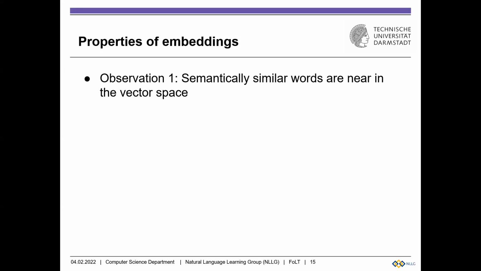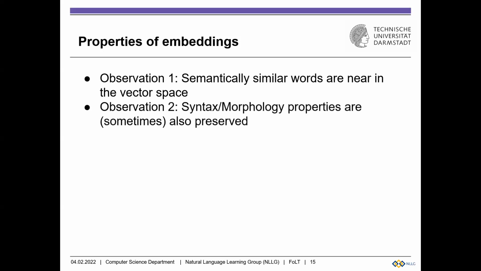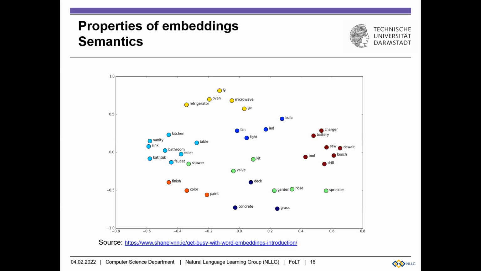And empirically, we observed the first property, namely that semantically similar words are nearby in the vector space. Secondly, we also observed that syntactic or morphological properties are sometimes also preserved in this vector space, which is very interesting. Let's look at those empirical observations.